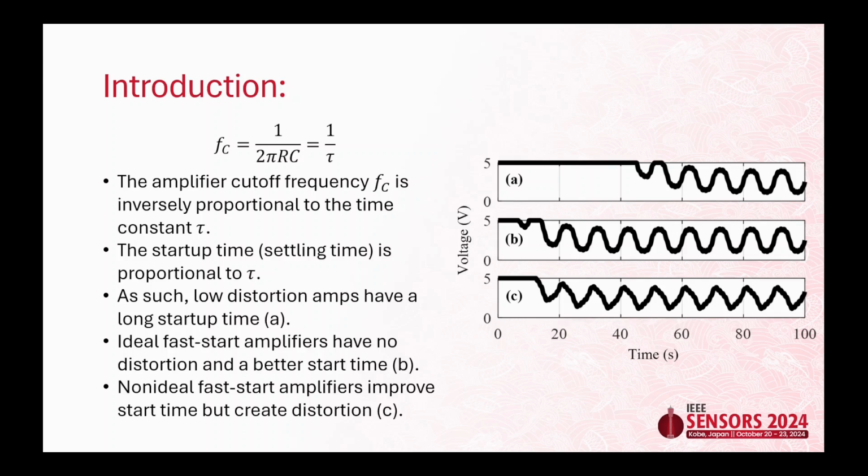The startup time for this type of system in the vital sign case, as I mentioned before, is usually on the order of minutes due to the capacitance needed to couple into the circuit for vital signs to have a cutoff frequency of 0.1 hertz.